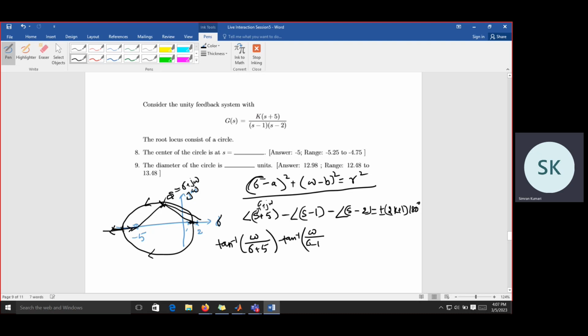So these two form the real part and this forms the imaginary part. So from there we can find the angle. Tan inverse omega by sigma minus 2, which is plus minus.